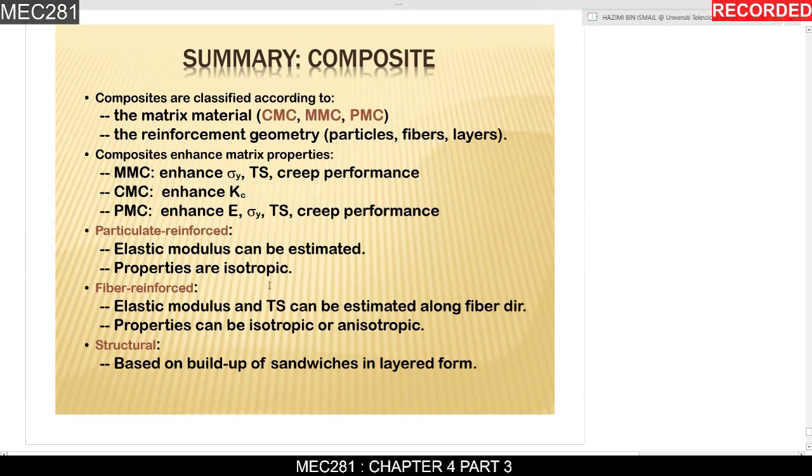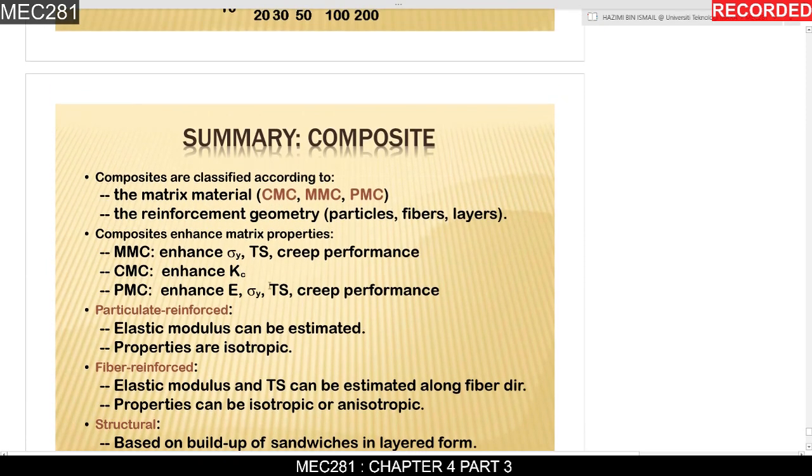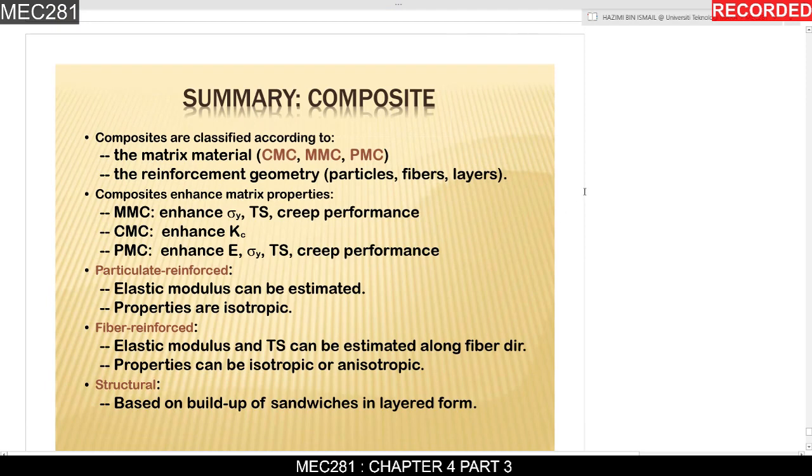So let's revise, we summarize back what we have learned in this video. The first thing is, what is the composite? Composite is the combination of two or more materials, right? It has three main categories: particle reinforced, fiber reinforced, and also structural composite.